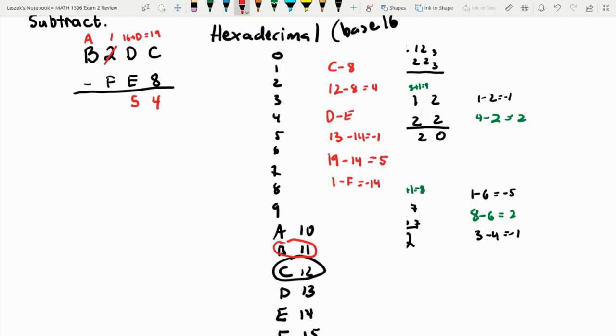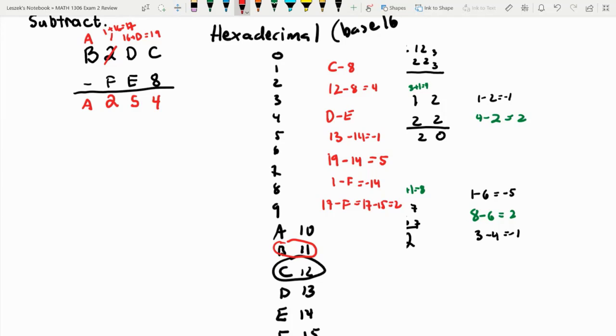And when we borrow the base value of 16, we get 1 plus 16 is 17. So 17 minus F is the same as 17 minus 15. So we get 2. And then finally, A minus 0 is just A.